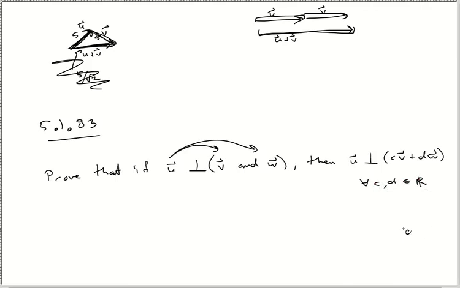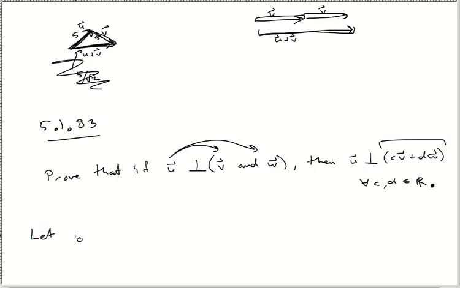So what they're kind of saying is, I know that they're orthogonal to each one of these separately. So now, is U still orthogonal to this big old thing together? Okay, so this was separate.